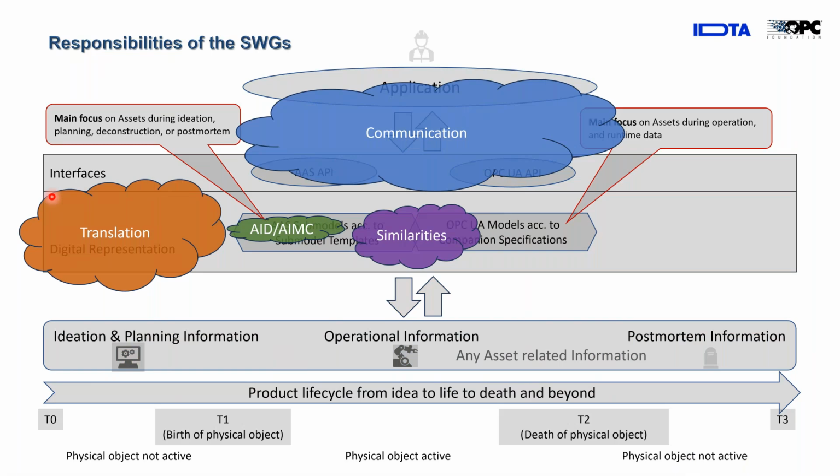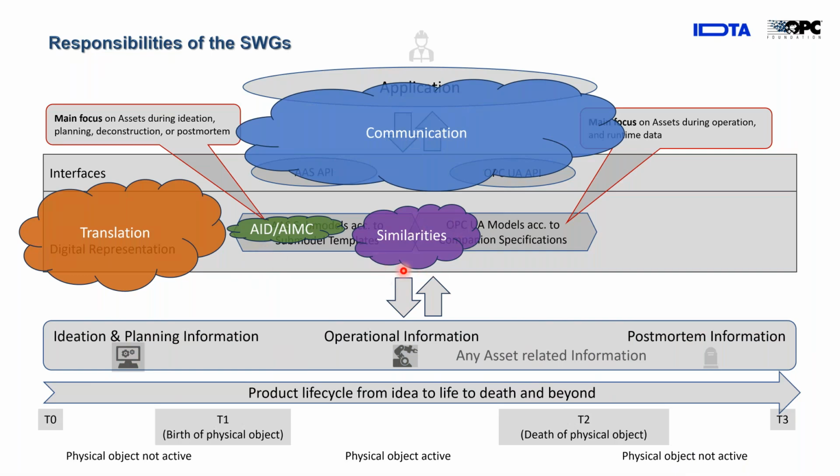Then we have the translation. This is a generic submodel or generic information model translation group. And for sure, they are dealing with the information models, with the digital representation. Then we have the AID and server data sheet, and they are related to the digital representation in between the models.